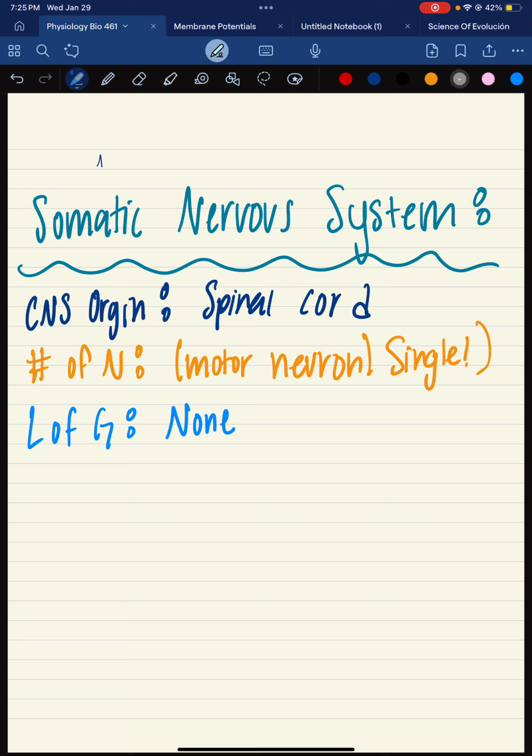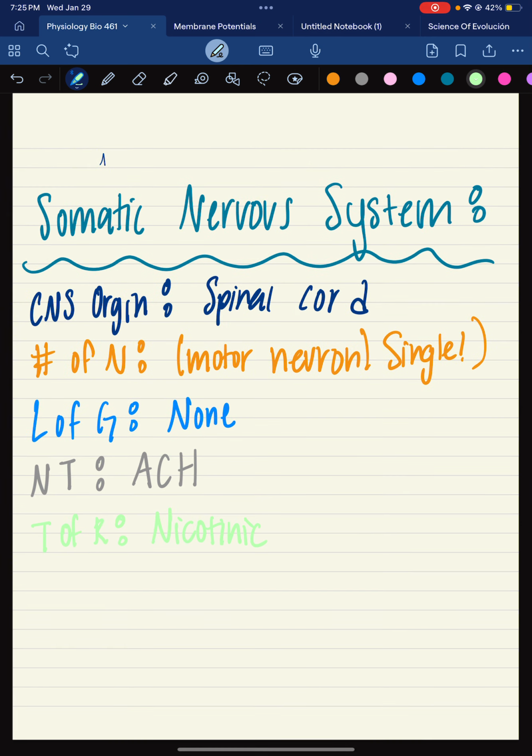And then neurotransmitters, we have acetylcholine. And then for types of receptors, we have nicotinic. And then the action: it controls voluntary movement of skeletal muscles.